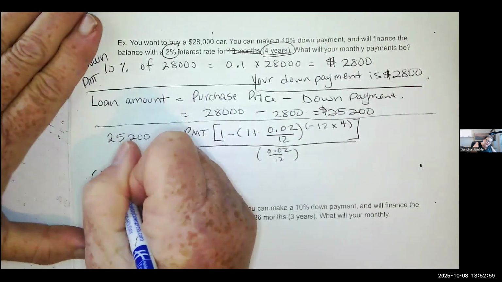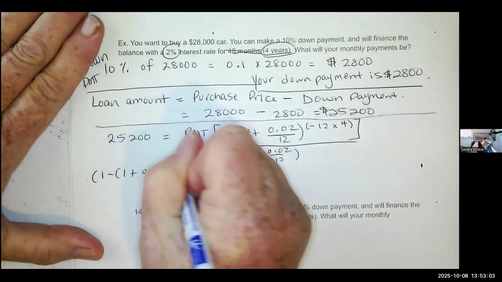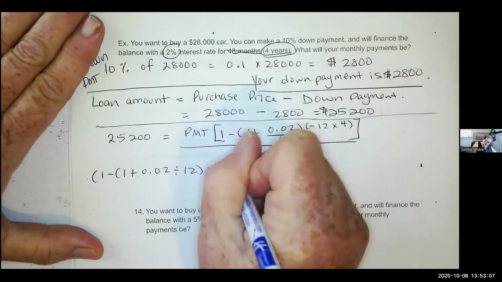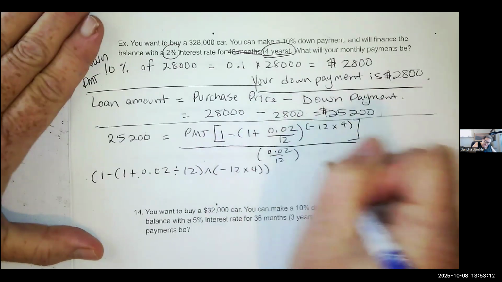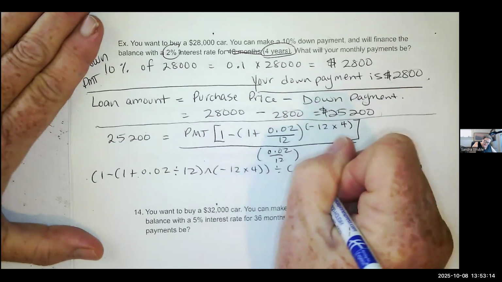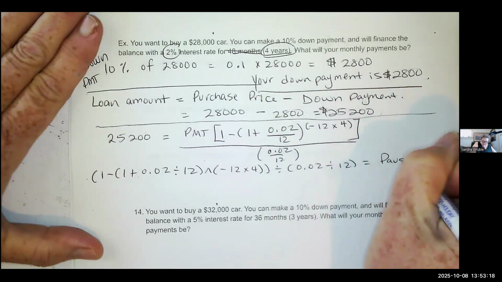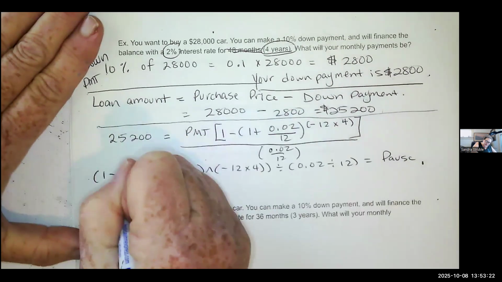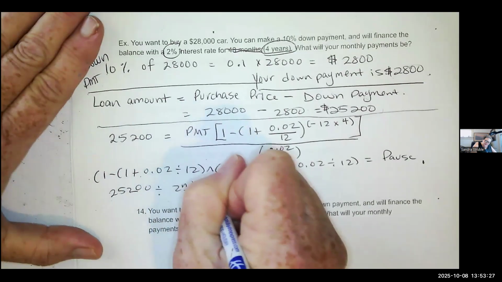Parenthesis 1 minus, parenthesis 1 plus, 0.02 divided by 12, close, caret, open, negative 12 times 4, close, close, divided by, open, 0.02 divided by 12, close, equals, pause. And then we have to go 25,200 divided by second answer, equals.